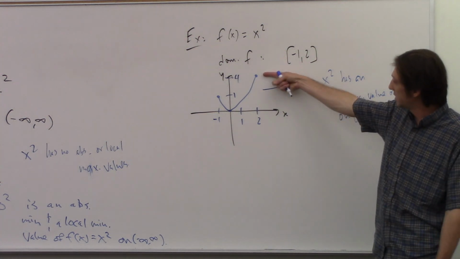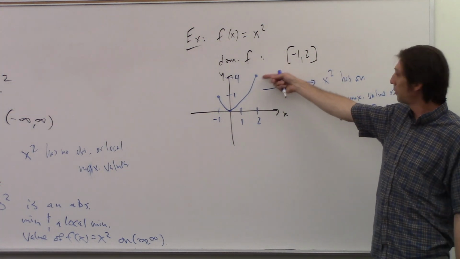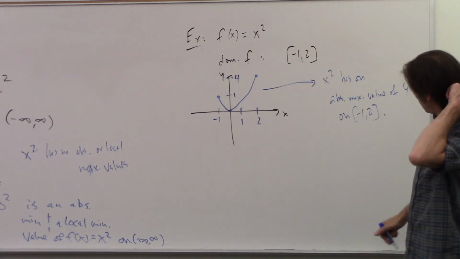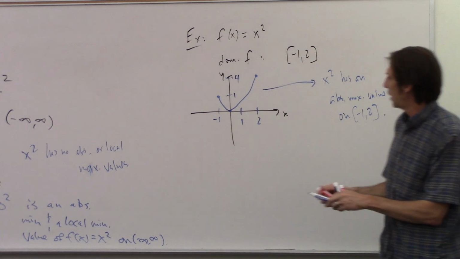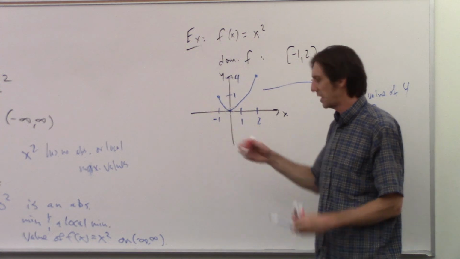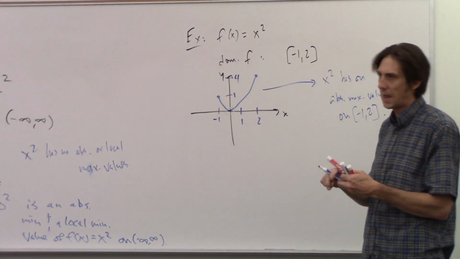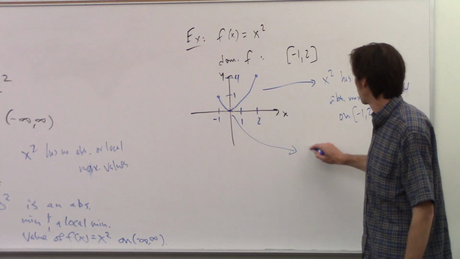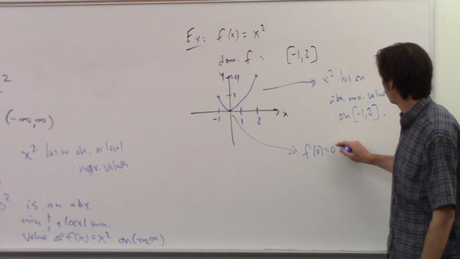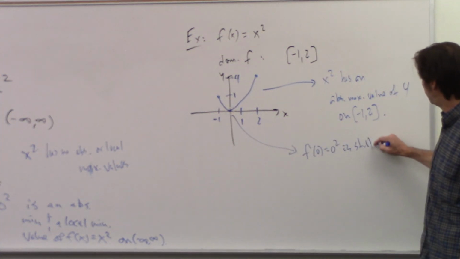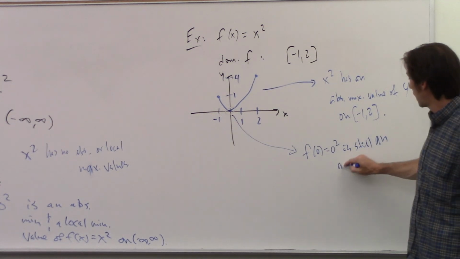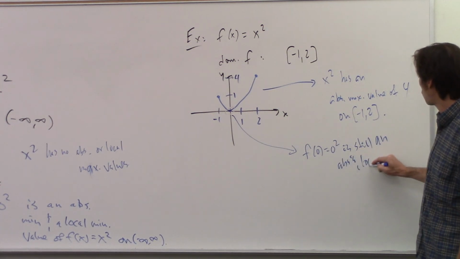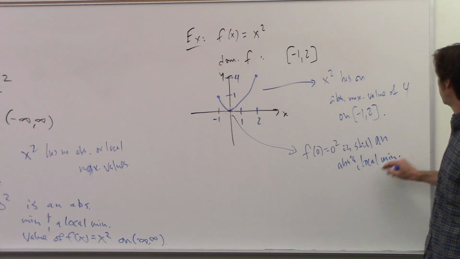This dot here is the highest that the graph ever is. At 0, 0, that is still a local and an absolute minimum. So f of 0 equals 0 squared is still an absolute and local minimum value.